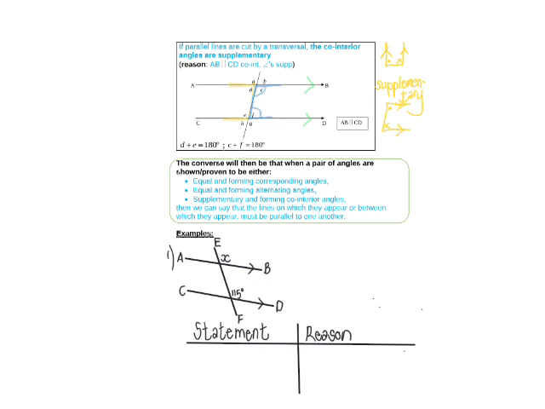So C and F together is 180 degrees. As you can see over here, C and F is 180 degrees. And then D and E is 180 degrees because they are co-interior angles. So here's my possible statements once again.